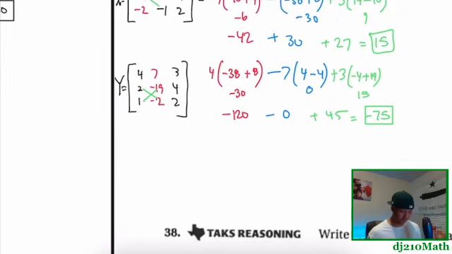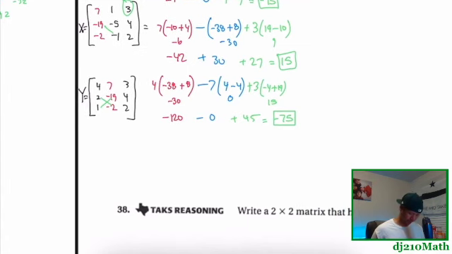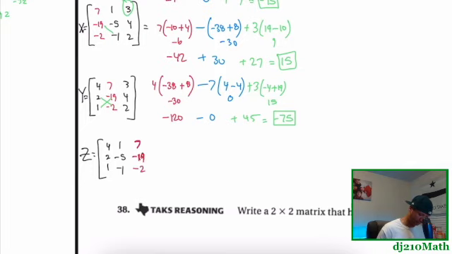All right, one last one. Capital Z. So 4, 2, 1. 1, negative 5, negative 1. 7, negative 19. I'll do it in red. 7, negative 19, negative 2.